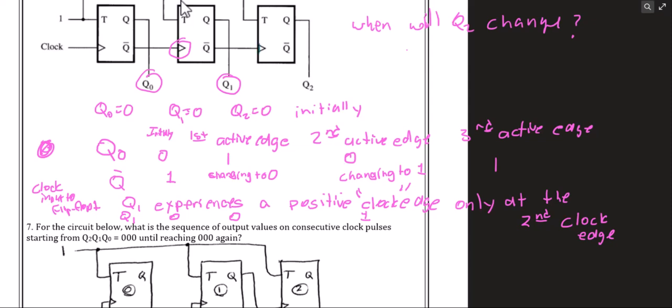So what is the input into the clock for Q2? Q1 bar. Q1 bar.